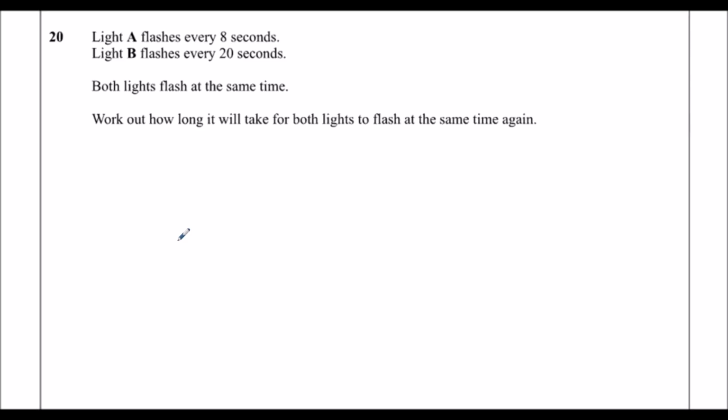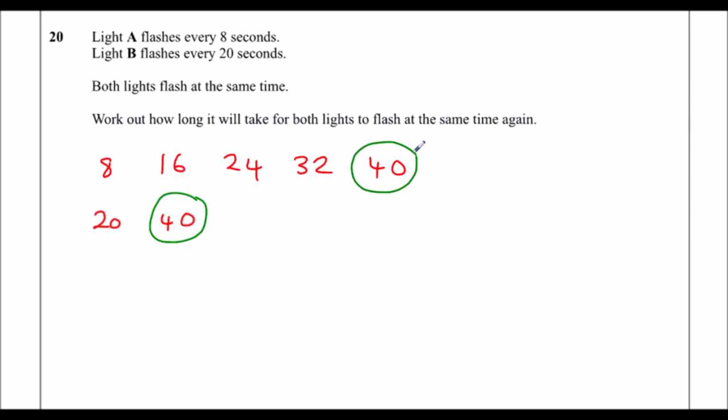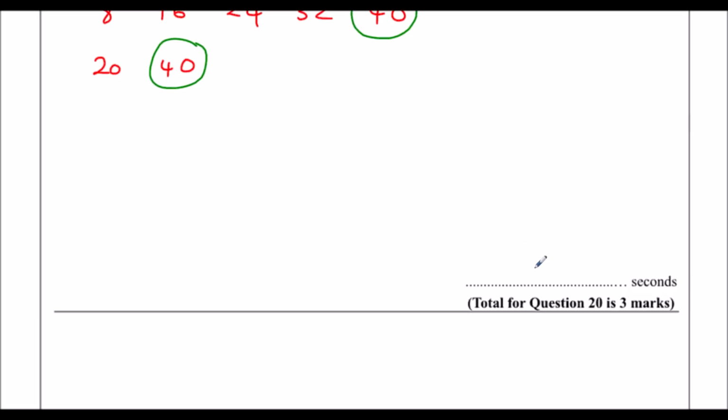We could find it out by just listing all the multiples, the 8 times table and the 20 times table, and seeing how long it takes until they have the same number. So not that long. They've both got a 40. That's the lowest number in both of them. So it'll be after 40 seconds.